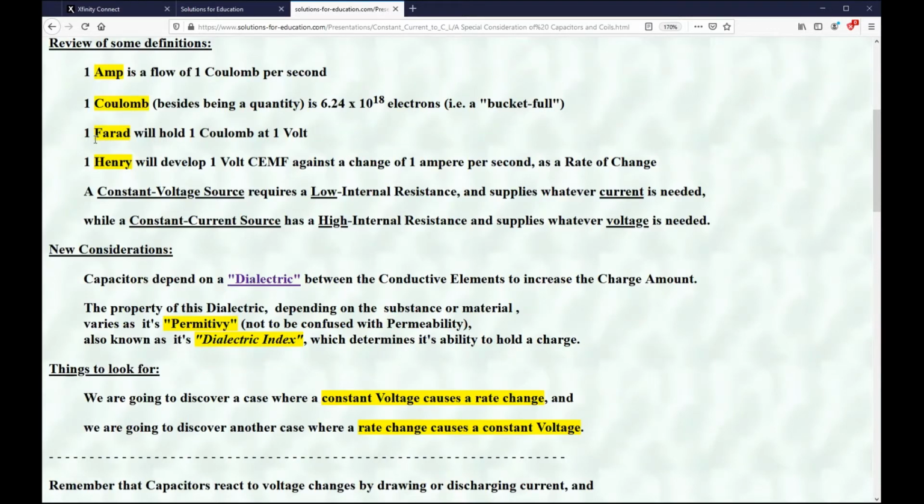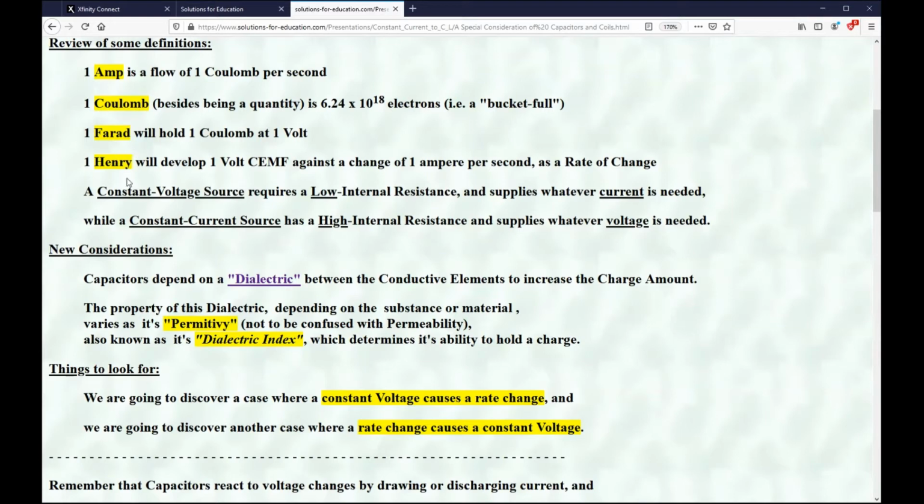Now, 1 farad as a capacitor, they tell me the definition of 1 farad is that it will hold 1 coulomb of electrons at 1 volt. Therefore, a microfarad will hold 1 microcoulomb at 1 volt. There's also a way you can measure a Henry. How do you know if a coil is a 5 Henry coil versus a 15 Henry coil?